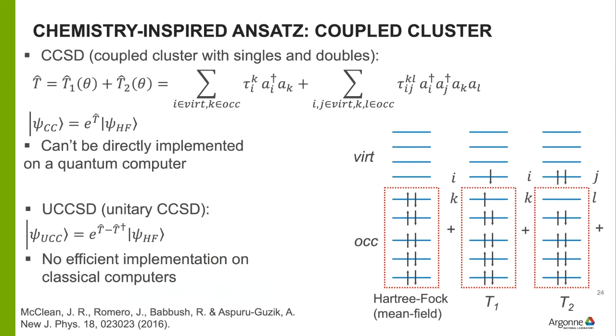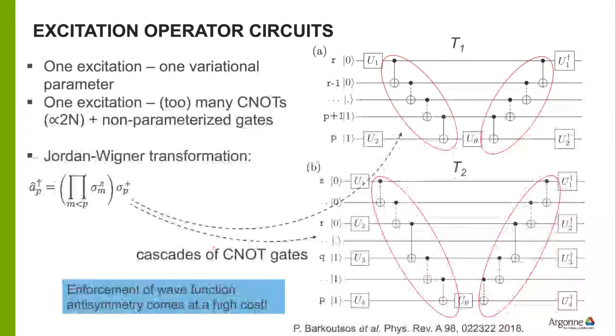And if we look more closely at what kind of circuits we obtain with this variational form, as I said, for one excitation you get one variational parameter. For T1 it is this rotational gate theta. For T2, there is also one parameter here.